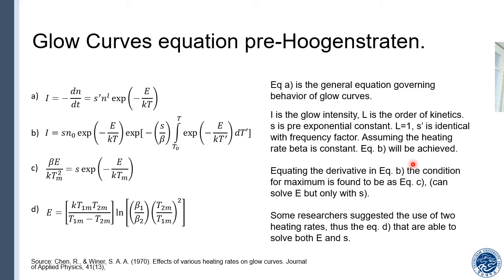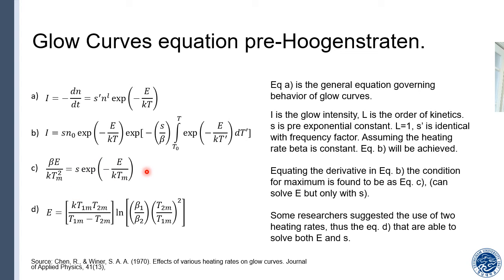If we use the derivatives in equation B, we will get equation C here. On the other hand, we can already solve this, but we require E and also S to solve it.